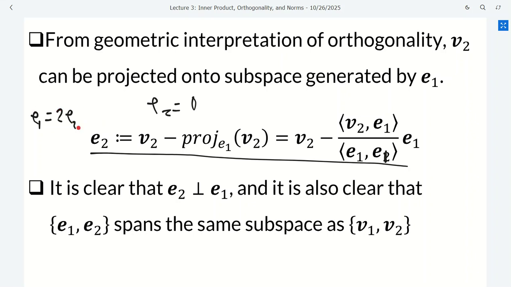That means E1 and E2 are dependent. That is why you are getting 0. Anytime you are using the Gram-Schmidt process and you get any calculation to be 0, it tells you that the previous orthonormal vectors and the current one you are working on are dependent.